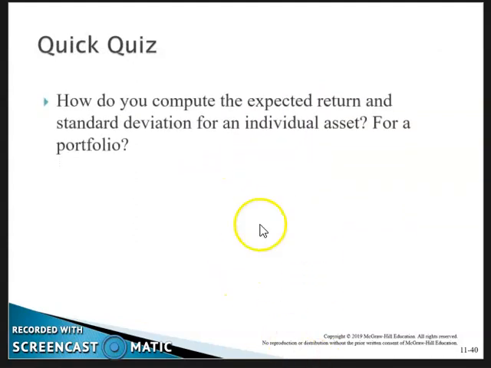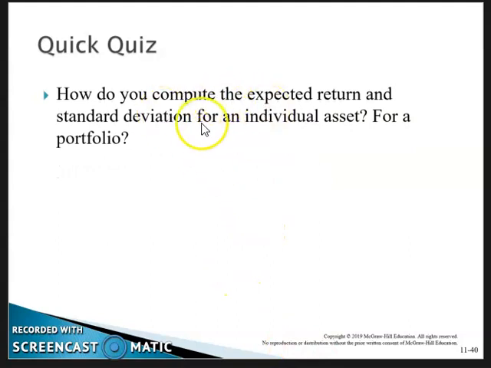How do you compute the expected return and standard deviation for an individual asset? You take all the possible outcomes and multiply them by their probabilities, and you sum those up. Then for standard deviation, you take the probabilities and multiply them by the outcomes minus the expected return, squared, and sum them up.